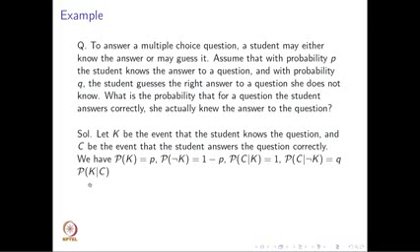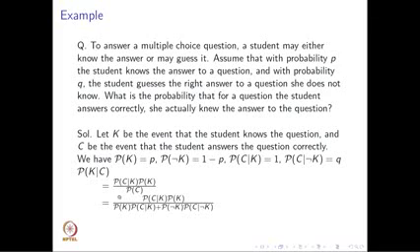We are interested in the probability of the student knowing the question given that she has answered it correctly. Applying Bayes rule, we have probability of K given C is equal to probability of C given K times probability of K divided by probability of C. The probability of answering the question correctly can be expanded in the denominator to consider the two situations: probability of answering the question correctly given that the student knows the question, and probability of answering the question correctly given that the student does not know the question.